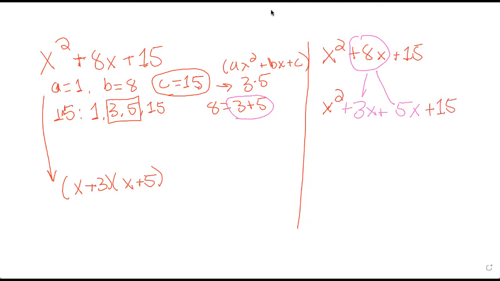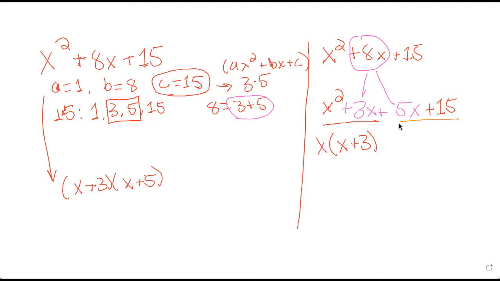Then we can factor this polynomial by grouping. We factor these two terms as a group, and the other two terms as a group. Each of the first two has an x, so take out an x, and we'll have x plus 3.